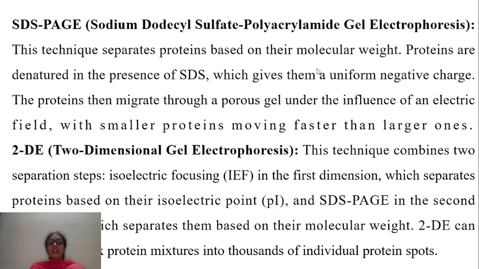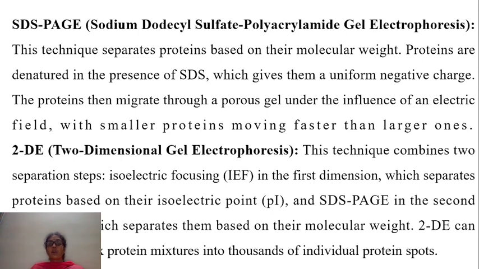So there are different techniques for the separation and identification of proteins: SDS-PAGE and two-dimensional gel electrophoresis. SDS-PAGE is the technique used to identify the protein based on molecular weight. For this purpose, we have to denature the protein by using SDS, sodium dodecyl sulfate, which gives a uniform negative charge on the surface of the protein. Based on the uniform charge, the proteins migrate in a gel under the influence of an electrical field.